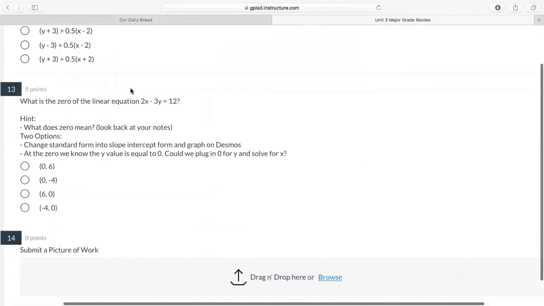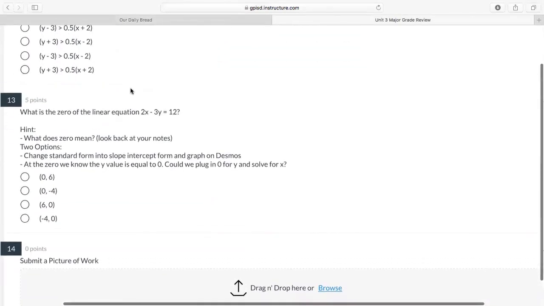All right, this is our last one. This one asks, what is the zero of the linear equation? What is the zero? What is a zero?